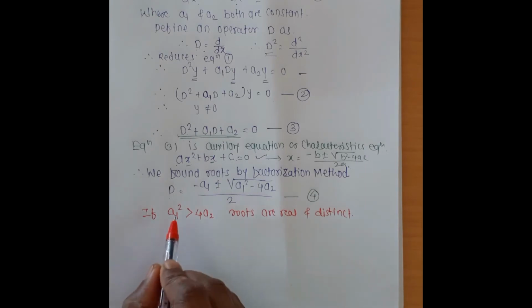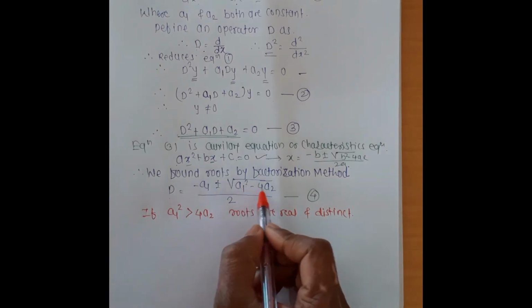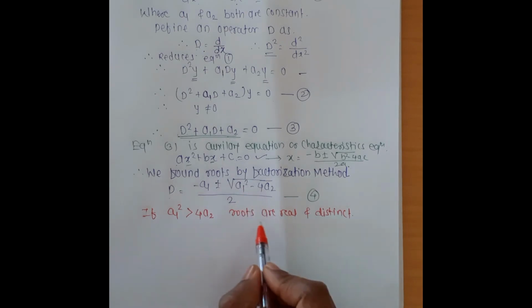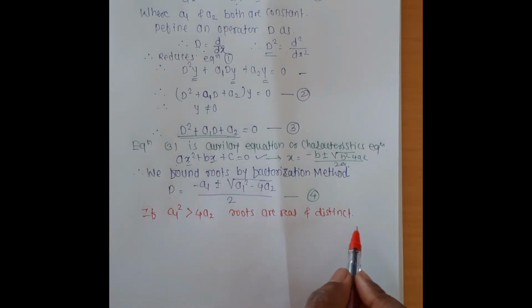It means that if the value of a1 square is greater than this value, then the value under the root will be positive, so we call the roots real and distinct.